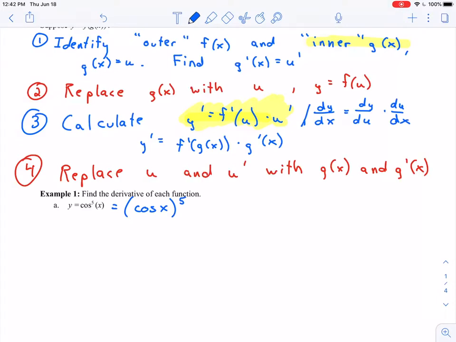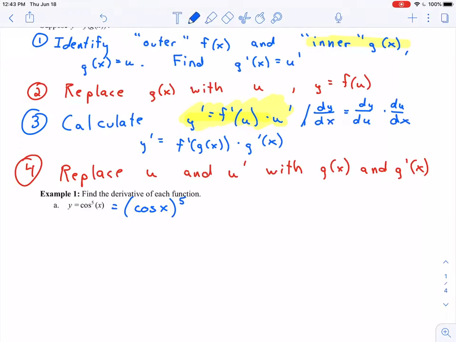But the inner function, usually, not always, but usually if you have parentheses in your problem, as we do here, those are a really big hint as to what that inner function should be. So I think I'm going to take my inside function to be cosine of x.